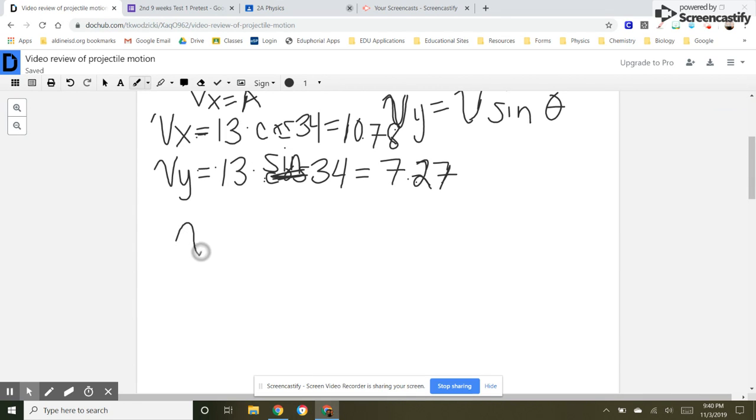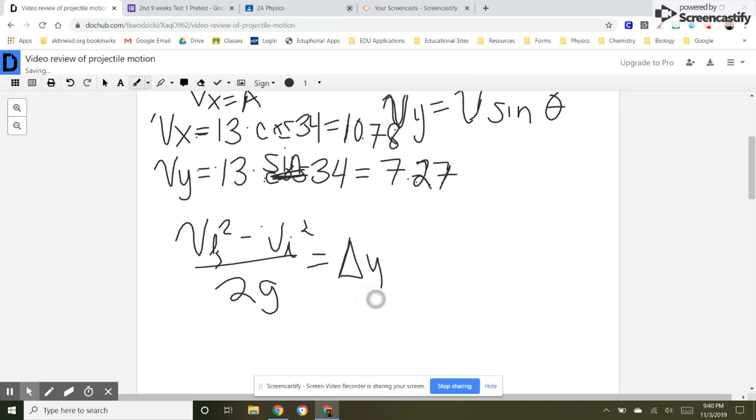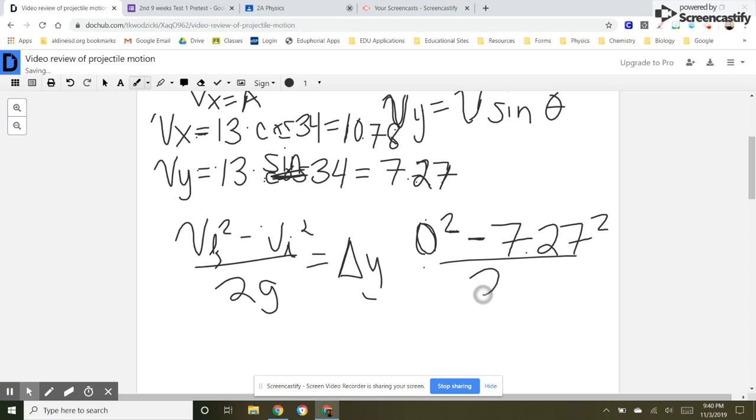So we've used this formula before, VF squared minus VI squared over 2G is going to equal our delta Y. So our V final is 0 minus VI, which is our VI in our Y component, all over 2G.